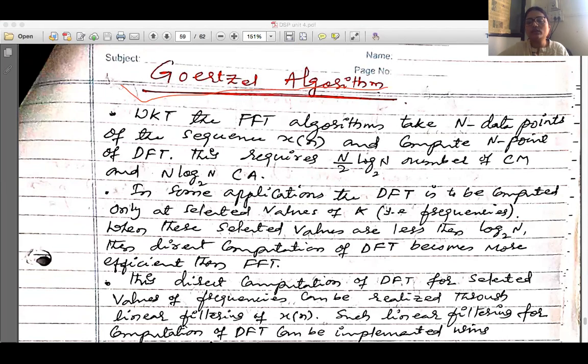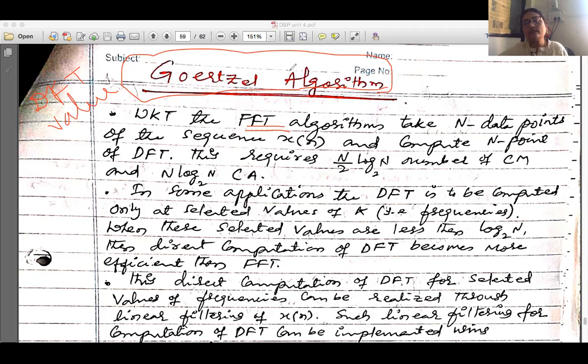The purpose of using the Goertzel algorithm is to calculate DFT values. We have used the FFT algorithm for computation of DFT values only. Similarly, the Goertzel algorithm is also applied for computation of DFT values only.